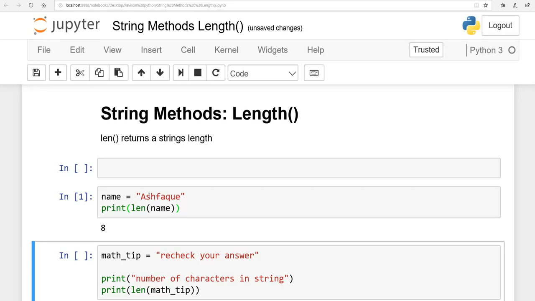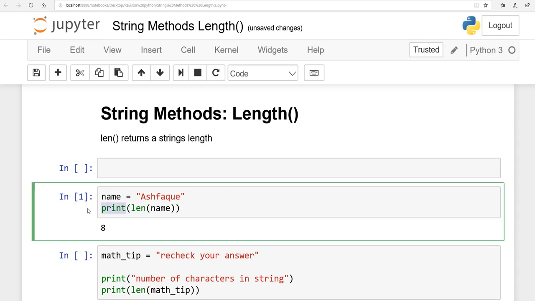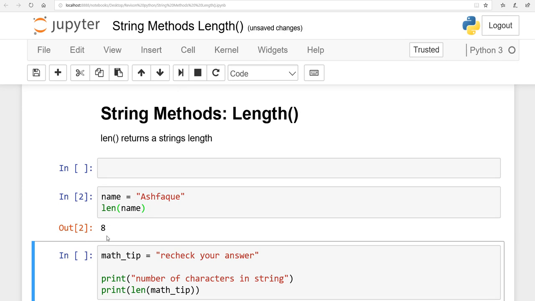Count it: 1, 2, 3, 4, 5, 6, 7 and 8. Right? Now if you do not want to use the print function, just remove it and try one more time. You will get the same answer, 8. So what does the length function do? The length function returns a string's length.